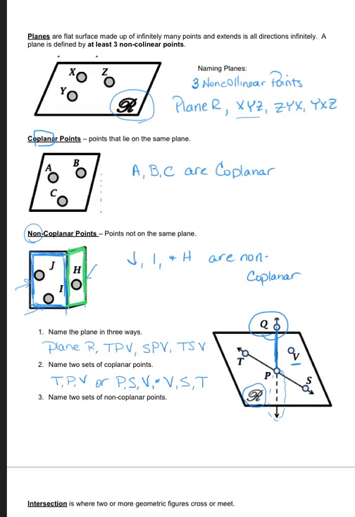So as long as you use point Q and 2 other points, then you have non-coplanar points. So I could say Q, T, and P would be an example. I could say Q, P, and S would be an example. Or I could say Q, V, and T would be an example. There's lots of examples. As long as Q is one of them and 2 of the other points, you are golden.